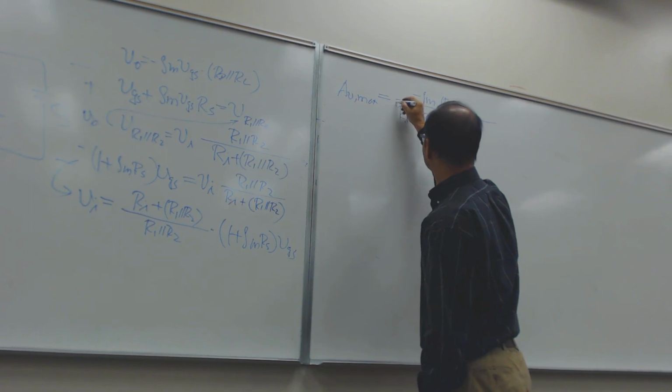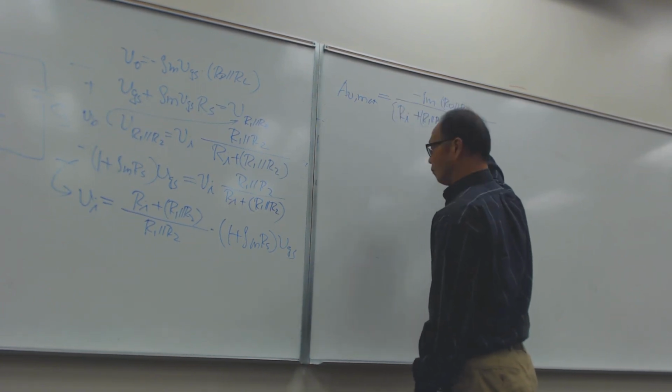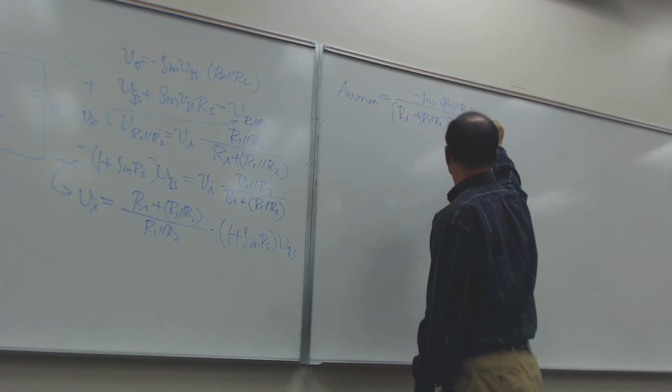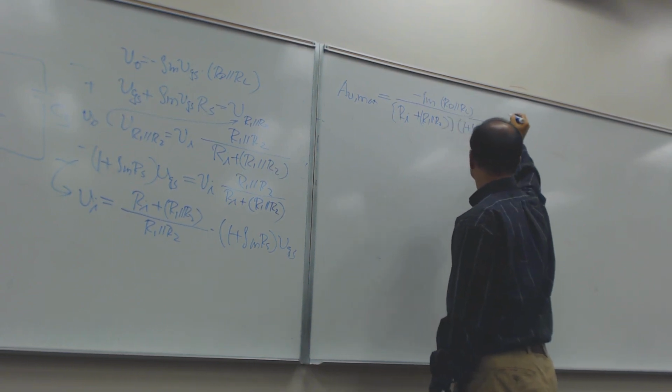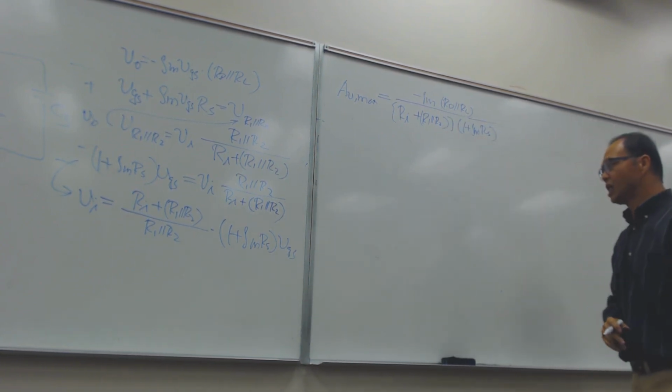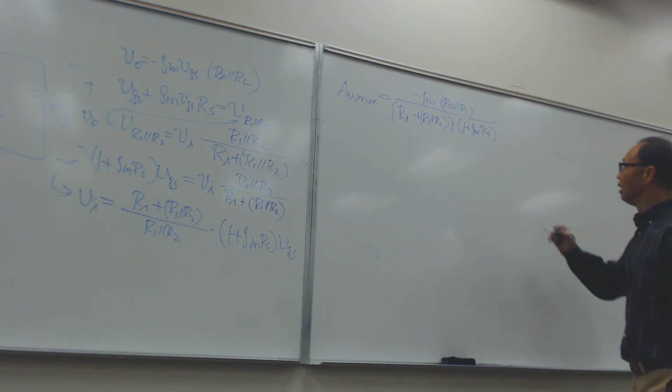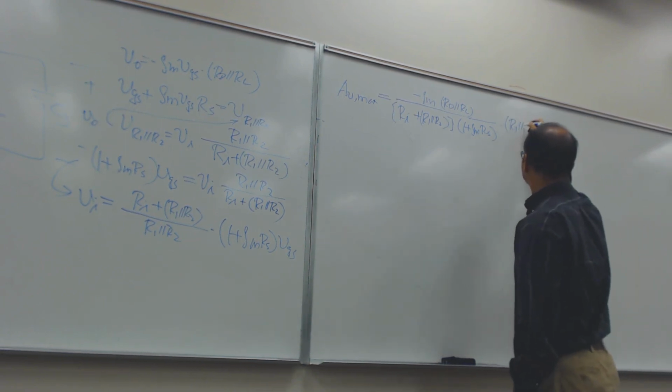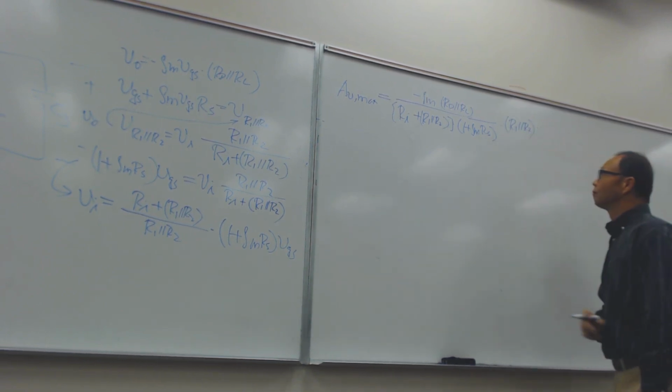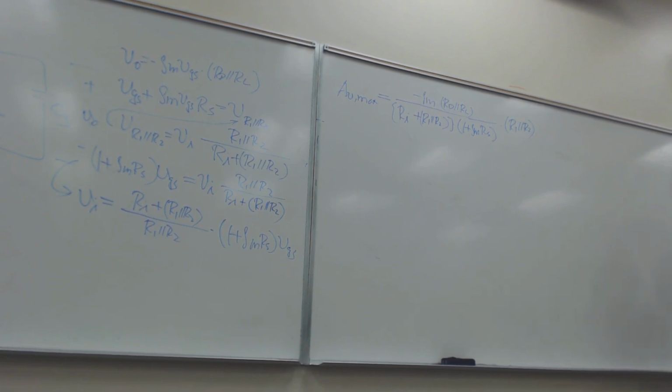Times 1 plus GM R sub S times R1 in parallel with R2. I hope I'm doing this right, huh? Yes? It's algebra, okay?